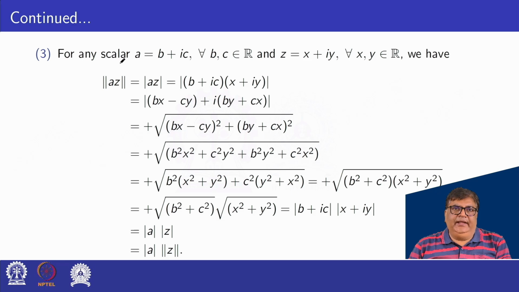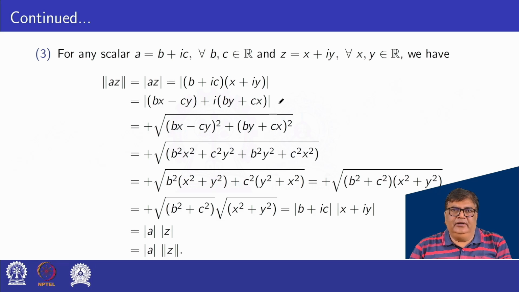Third, for any scalar A, suppose A is equal to b plus ic, where i means iota, under root minus 1, for all b, c belonging to R, and Z is equal to x plus iy for all x, y belonging to R. Then we have norm AZ. Norm AZ, as per statement, we can write mod AZ equal to the value of A, b plus ic, times the value of Z, x plus iy.